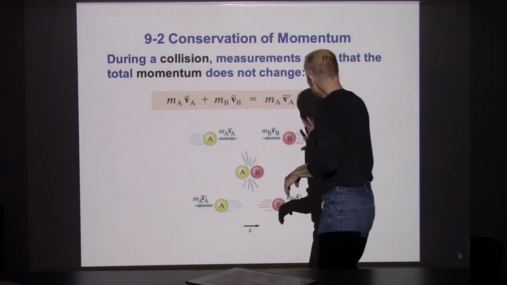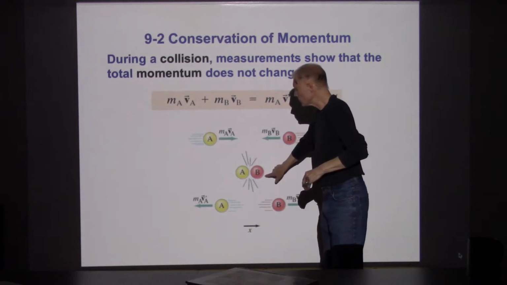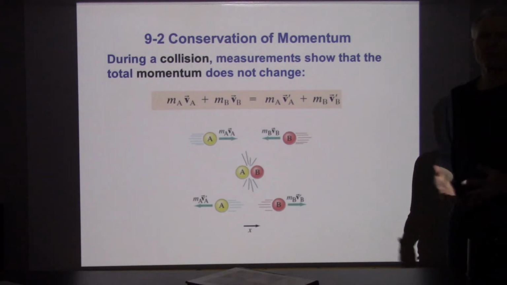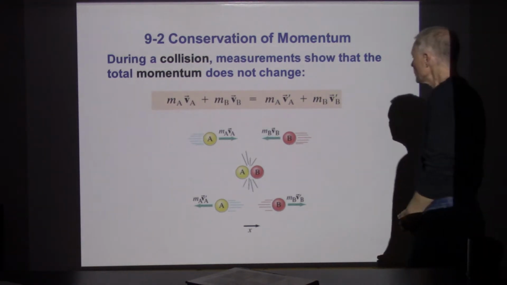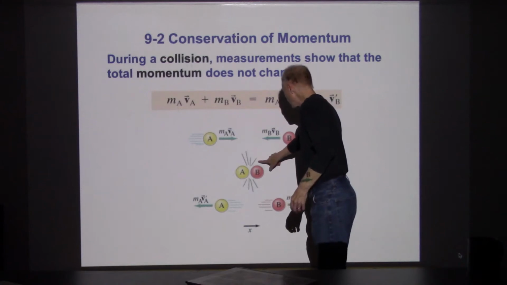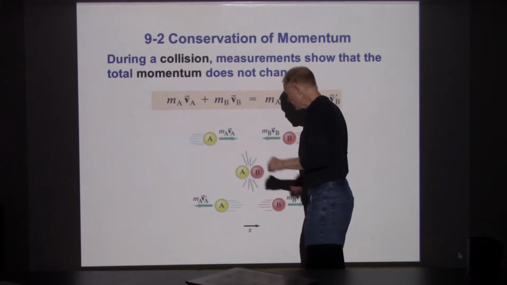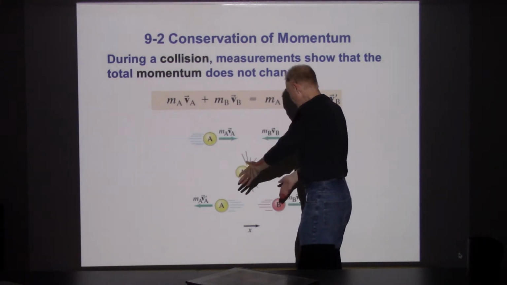So the before picture looks like this, and then here is the collision itself. Now, if it's like the last example, then the collision probably lasts for a very short time period, like the tennis ball. So that could be happening for a very short time period, the collision itself, and then they separate. So here's before the collision, collision, after collision.